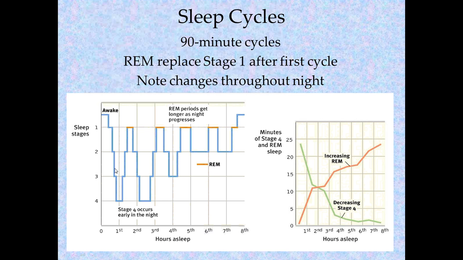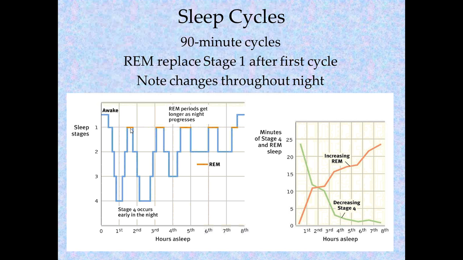So know that stage 3 and 4 is really just our non-REM 3. After the person goes through their deep stages of sleep, ascending into lighter stages of sleep, the beginning of the second sleep cycle would be the first episode of REM sleep, indicated here.